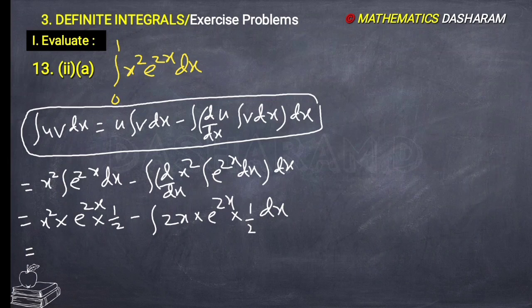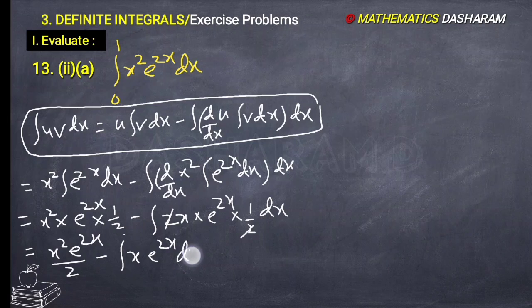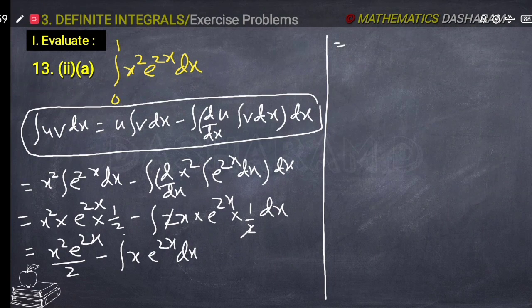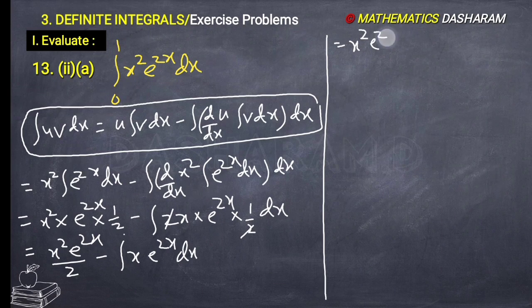So it is equals to x square into e power 2x divided by 2 minus, here 2 cancel, then integration x into e power 2x dx. So it is equals to x square into e power 2x divided by 2 minus, once again apply the product rule, that is u into v. So here bracket of u, this is u and this is v.